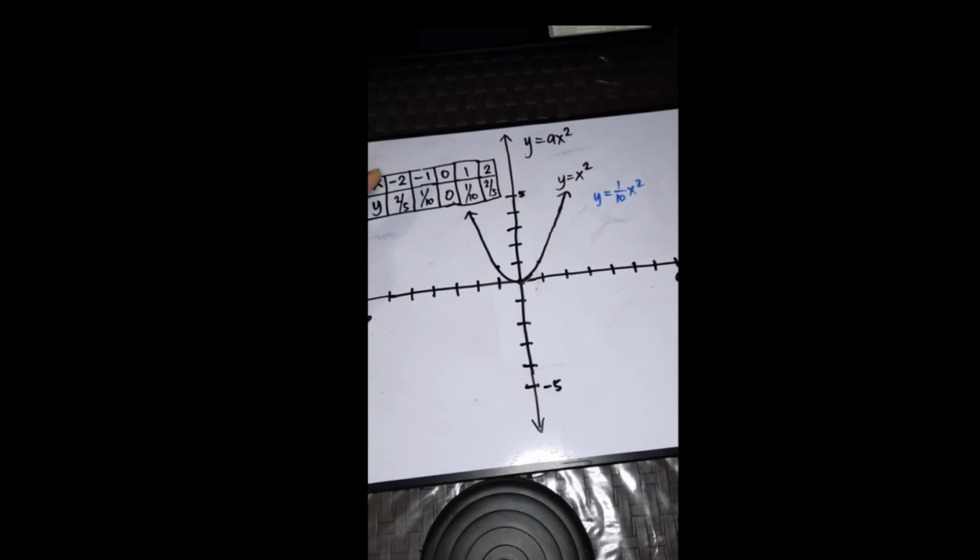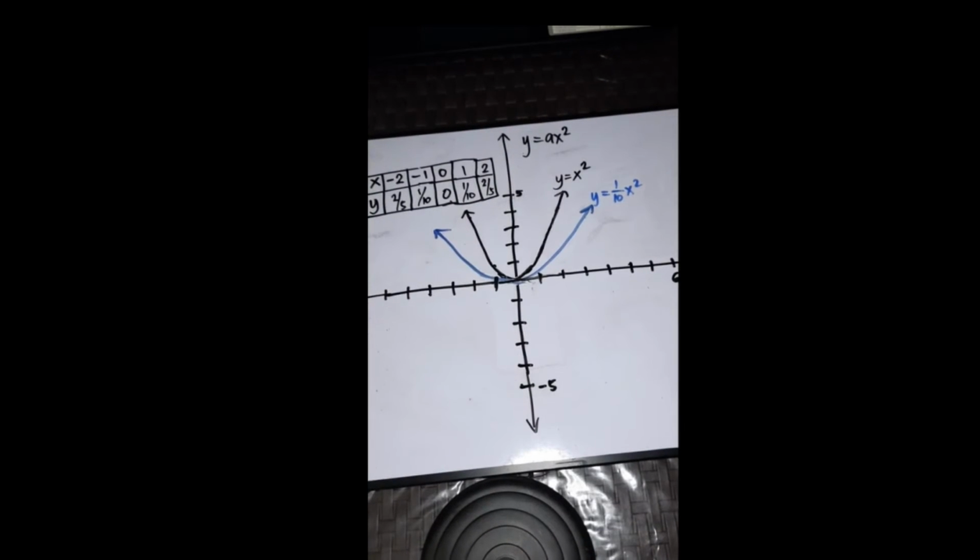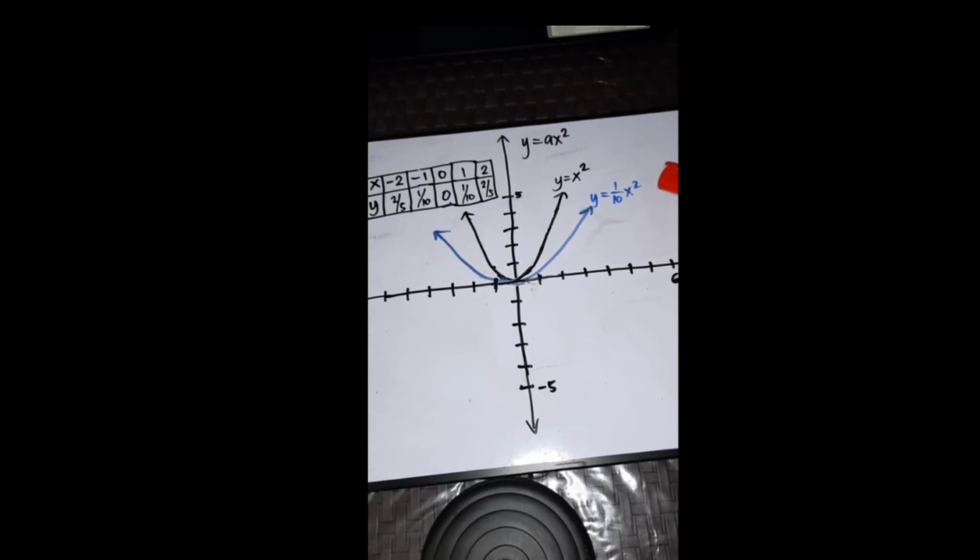And if x is 2, our y is 2/5. So if we are going to graph, the graph of our parabola looks like this. As you can see, the graph of y is equal to 1/10 x squared is wider than the graph of y is equal to x squared.